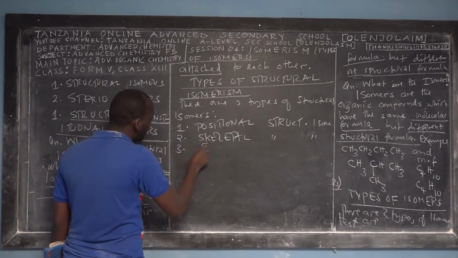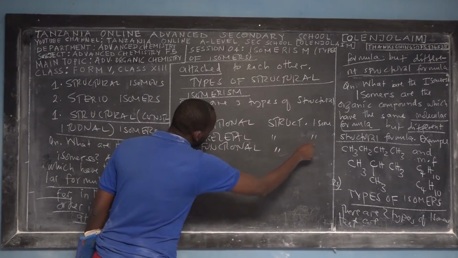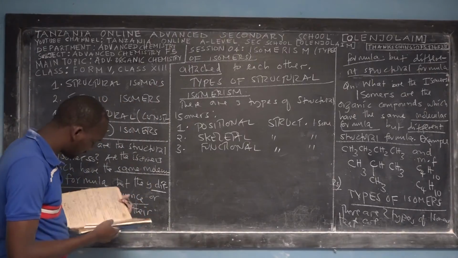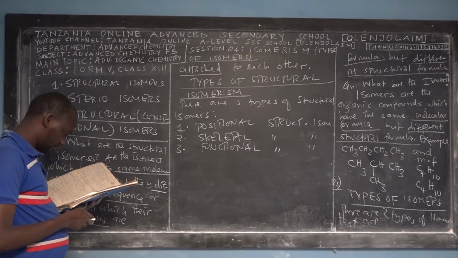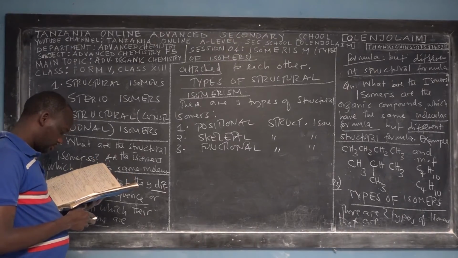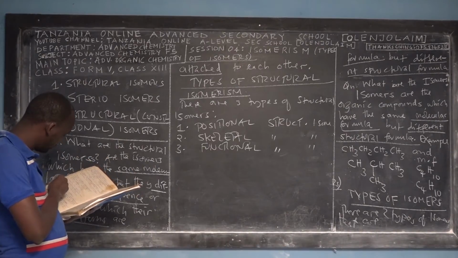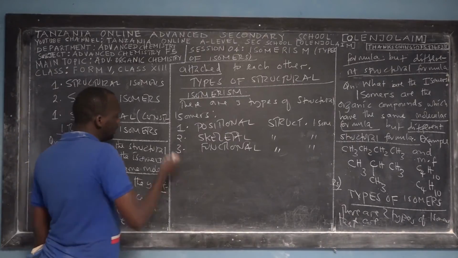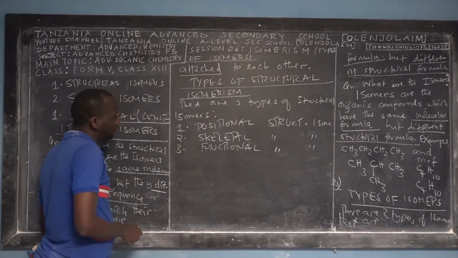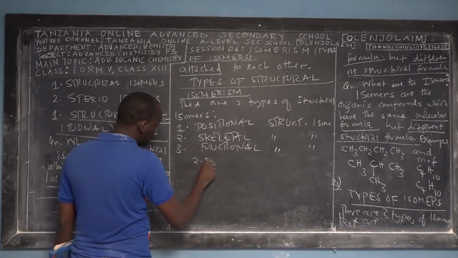The third one is called the functional structural isomer. Let us learn at least 2, and I will leave the rest as homework for you. Let us take a look at number 2, skeletal.